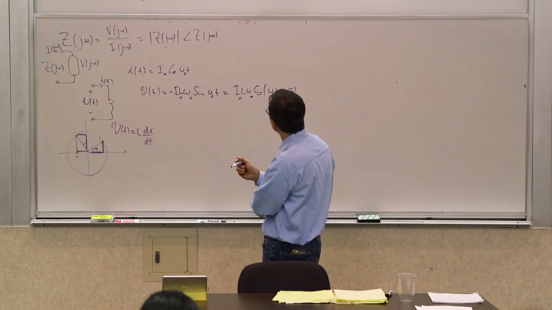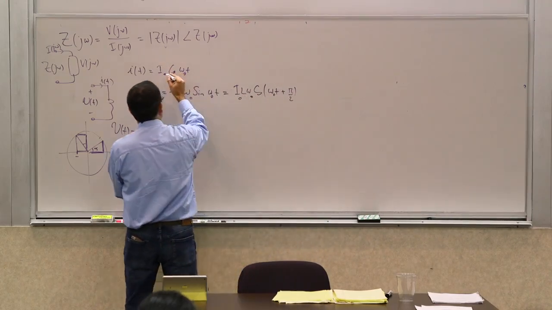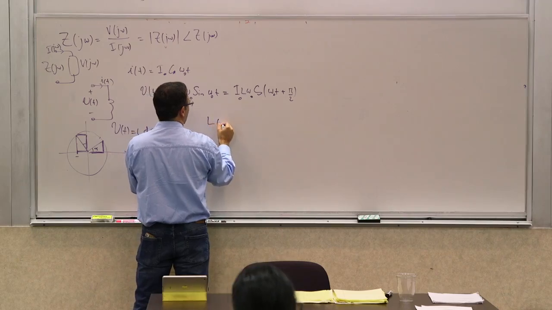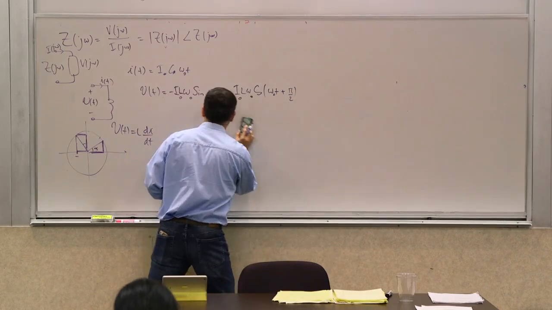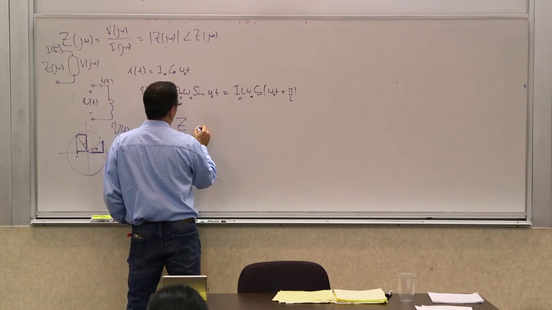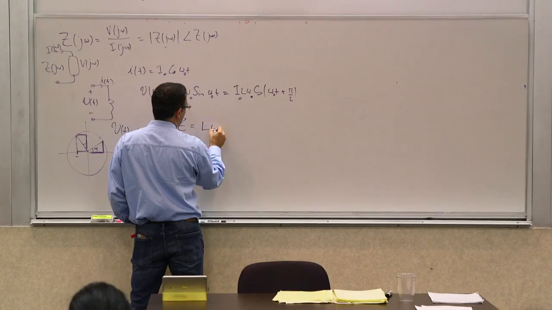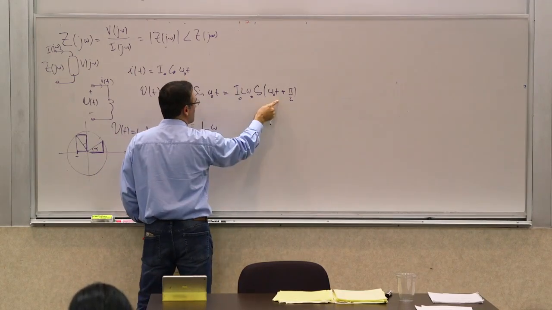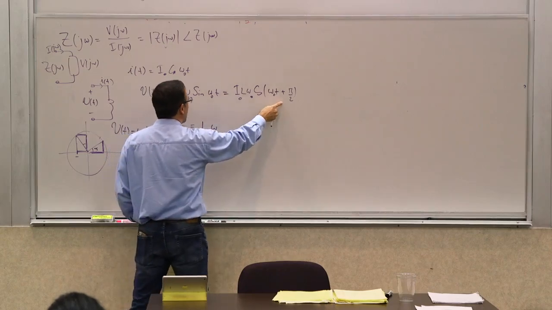So you see the magnitude of this thing is scaled by L omega 0. If you want to find Z of omega, Z is L omega naught times the phase difference of these two, so cosine of pi over 2 over cosine.